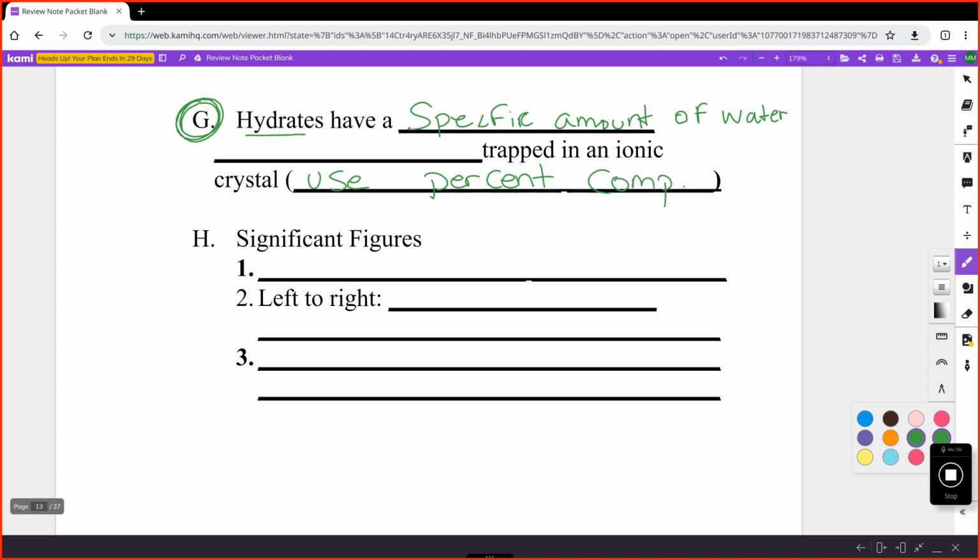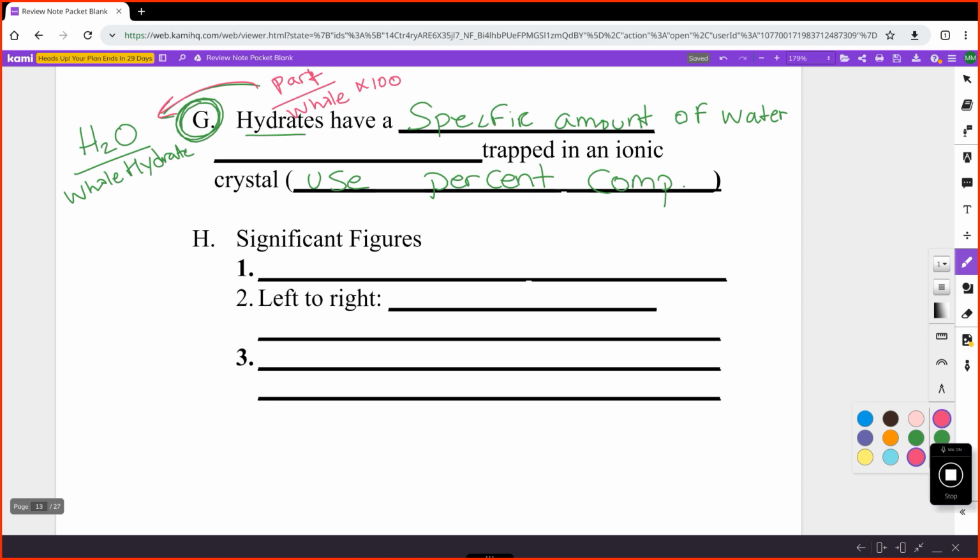And for a hydrate, you're pretty much always going to be doing H2O over the whole hydrate. If you don't know what I'm talking about when I say percent composition, I'm referring to the formula on the back of your reference table that says part over whole times 100. Okay, so you will use percent composition to answer those.